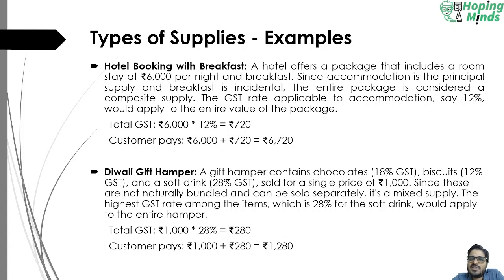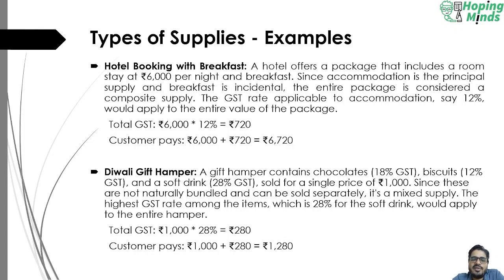Since accommodation is the principal supply and the breakfast is incidental, the entire package is considered as a composite supply and not a mixed supply. Hence the GST rate applicable to accommodation, that is 12%, would apply to the entire value of the package. So total GST will be 6,000 into 12%, which comes to rupees 720. Hence the customer has to pay rupees 6,000 plus rupees 720, which comes to rupees 6720.